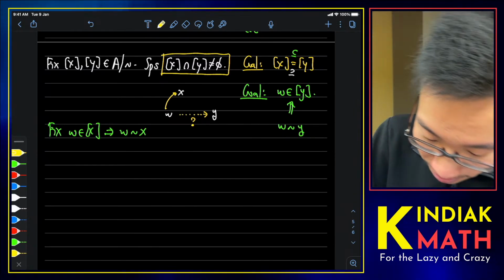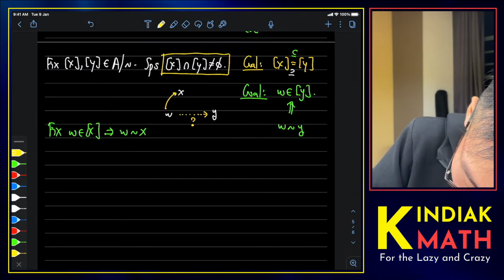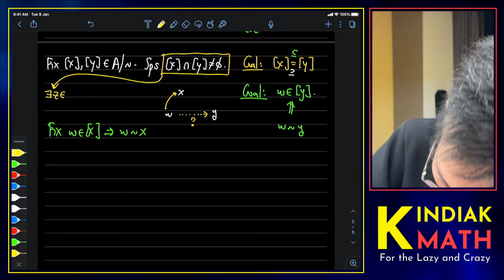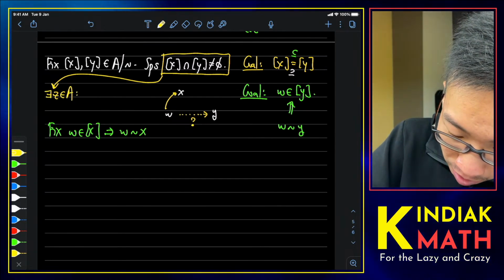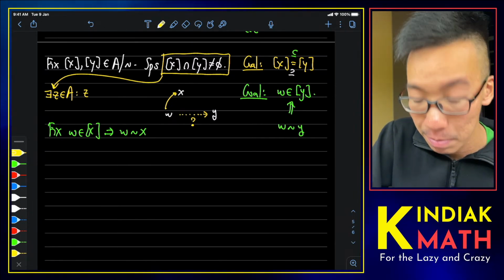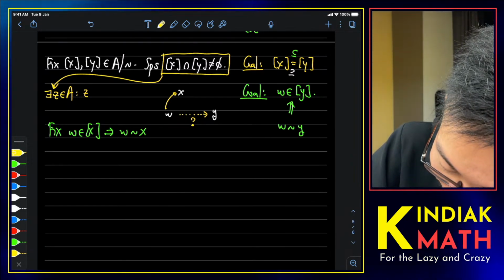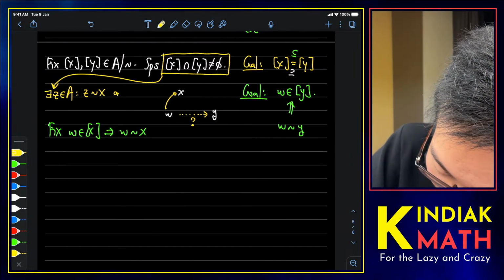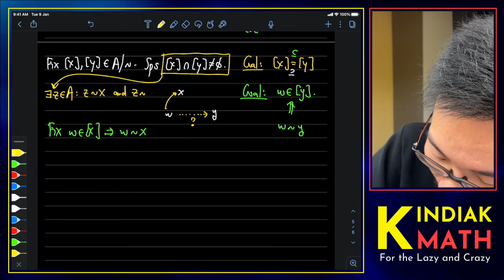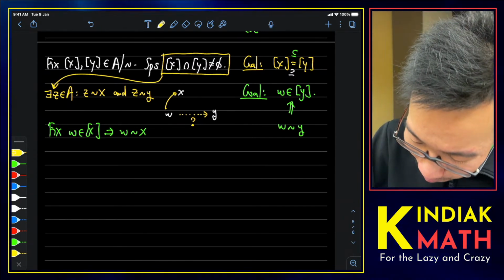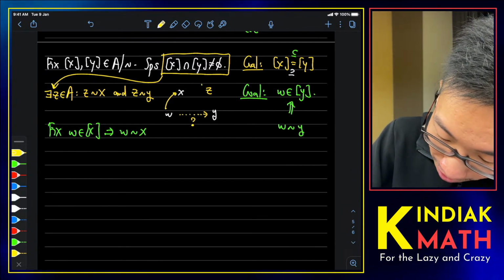So using this fact, we can show that there exists a Z in A with the property that Z belongs in the equivalence class containing X, and Z is related to Y as well, because Z belongs in the other class. In other words, you get these two arrows.